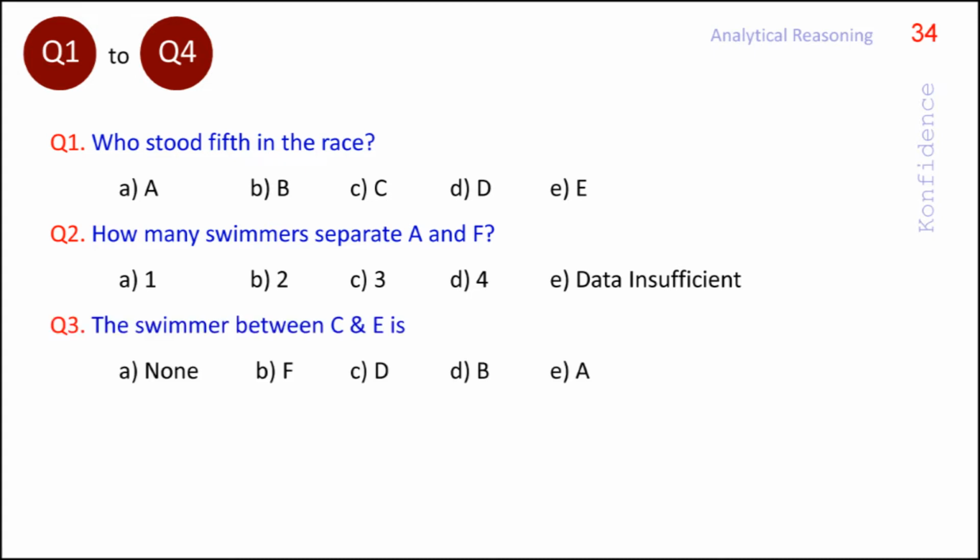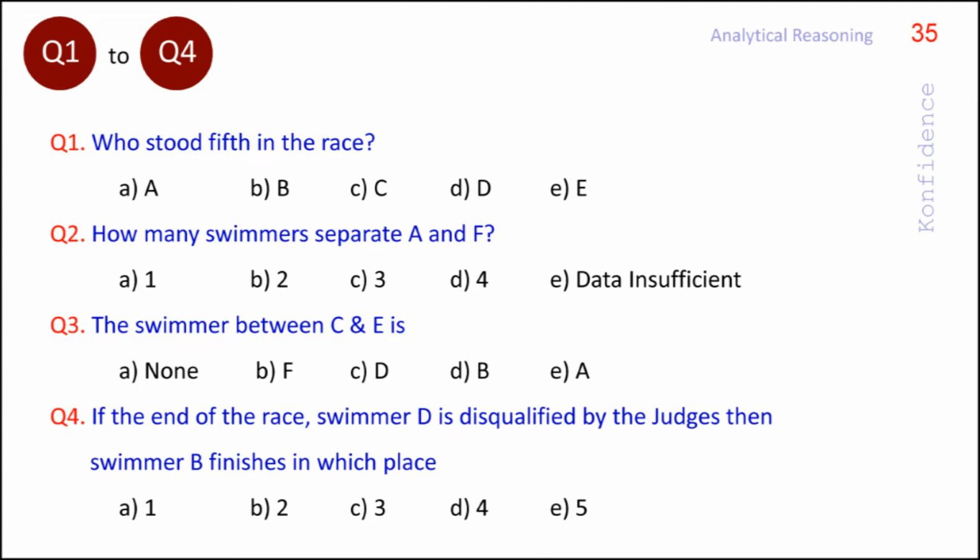Question number 3. The swimmer between C and E is. Here again, you have a peculiar option called none as the option A. Question number 4. If at the end of the race, swimmer D is disqualified by the judges, then swimmer B finishes in which place?